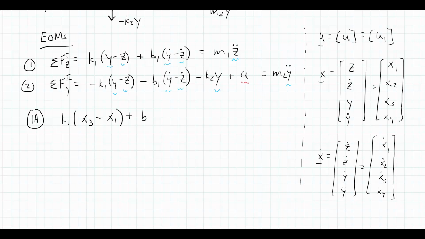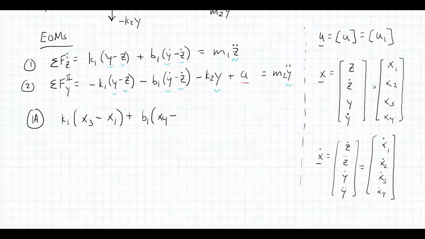So no choice to be made there. Plus b1 times y dot. So here, y dot is x4, but y dot is also x3 dot. I have a choice between x3 dot and x4. I must choose the one that is not a derivative. So I'm obligated to use x4 here.